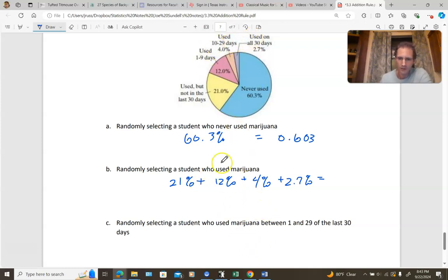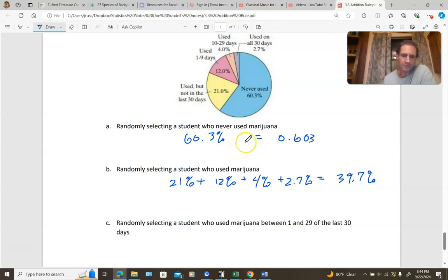Okay, so I'm just going to add all these up. Let's see, would this be 33, 37, 39.7? I didn't make a mistake. So that would be the probability that a randomly selected student did use marijuana, not specifying within a certain interval of time.